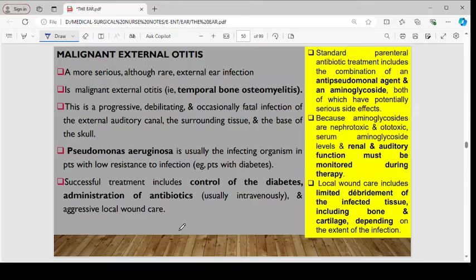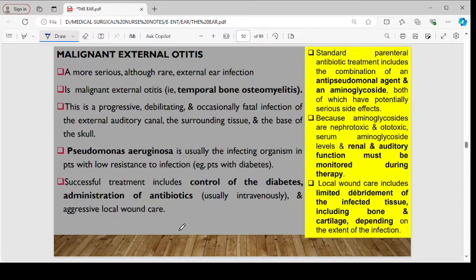The fourth example of an infection affecting the external ear is malignant external otitis. This is a more serious condition, although it's a rare kind of infection. Malignant external otitis is also referred to as temporal bone osteomyelitis.